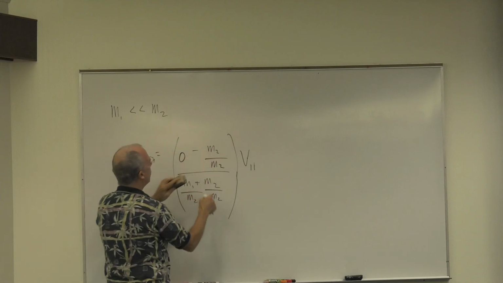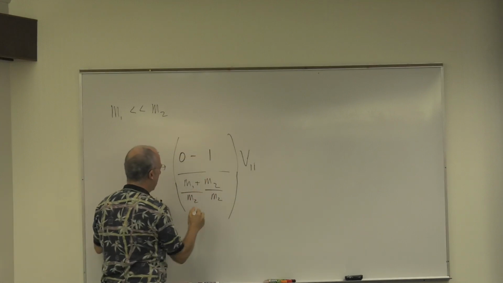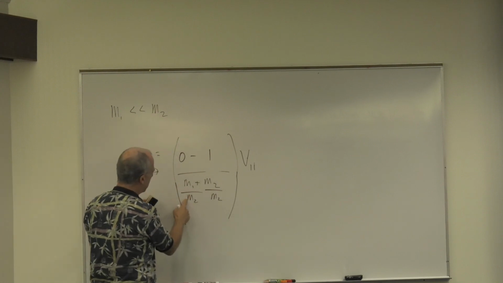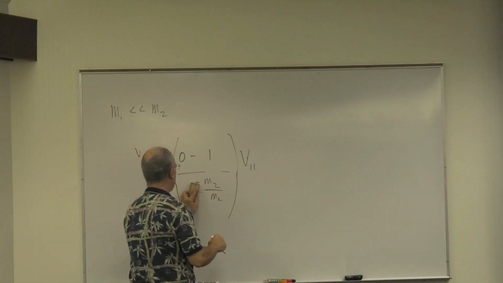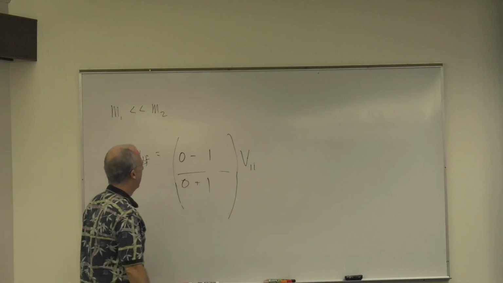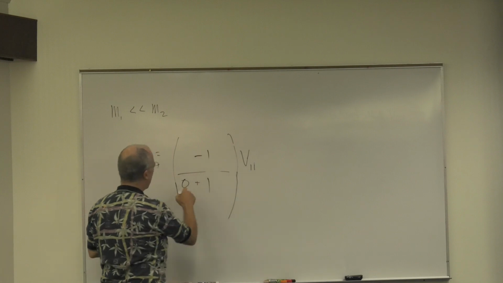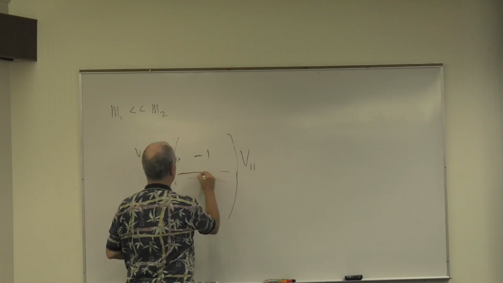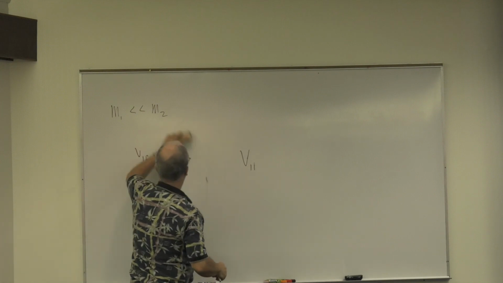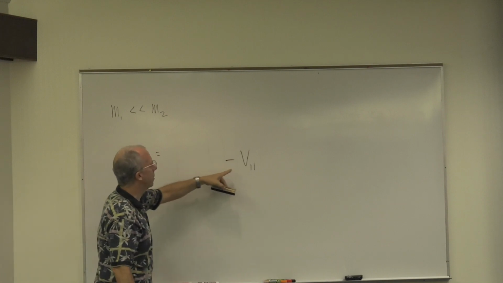M2 over M2 is 1. So this is 0 and that's 1 again. 0 minus 1 is negative 1. 0 plus 1 is 1. Negative 1 over positive 1 is negative 1. Ta-da! So V1 final equals minus V1 initial.